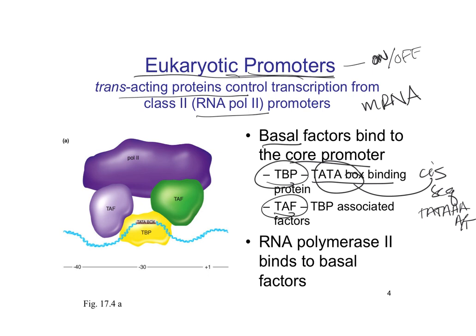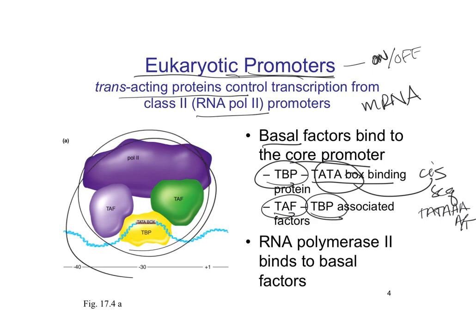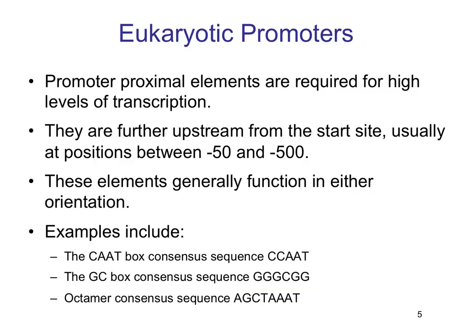TAFs, TATA binding protein associated factors, a whole bunch of proteins get together to bring in RNA polymerase 2 to do complementary base pairing to make RNA. So the basal factor's right there at the core. In this case, there's the TATA sequence. TBP is interacting with it, and his friends. There's like hundreds of TAFs. And then a big fat RNA polymerase sitting down to complementary base pair.